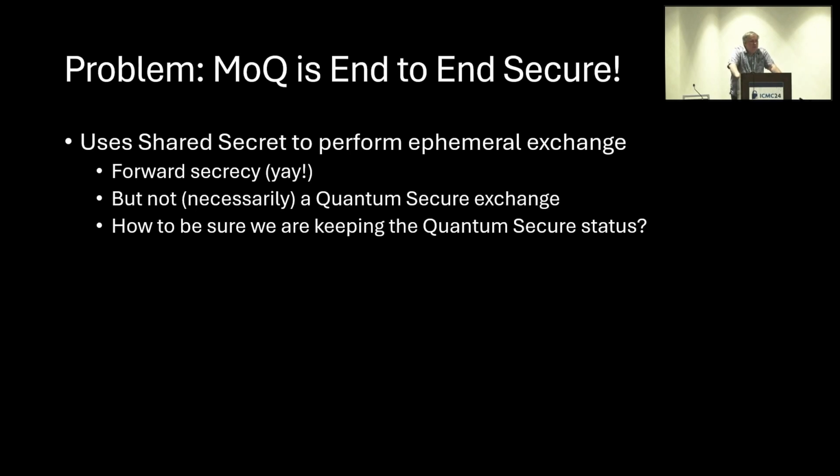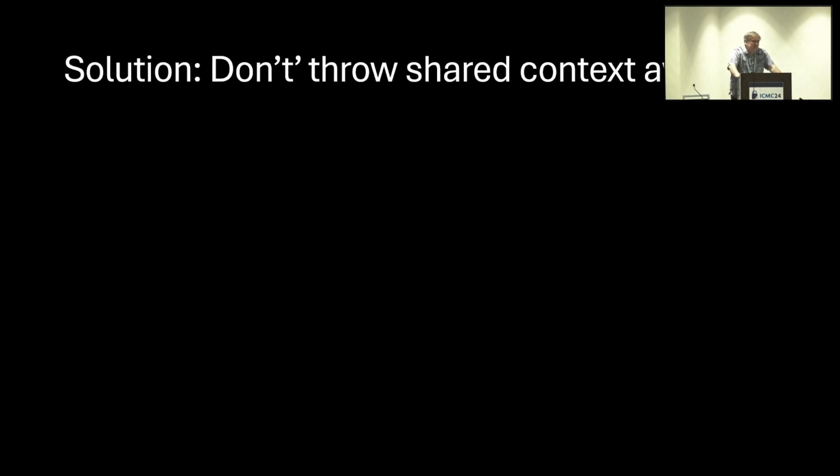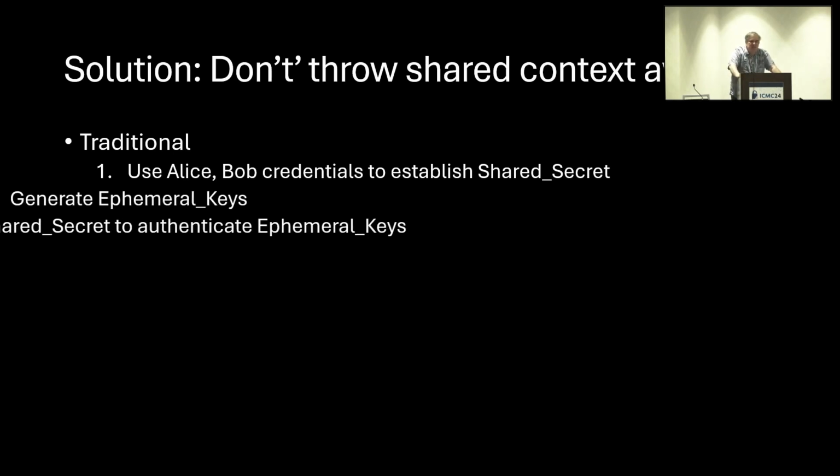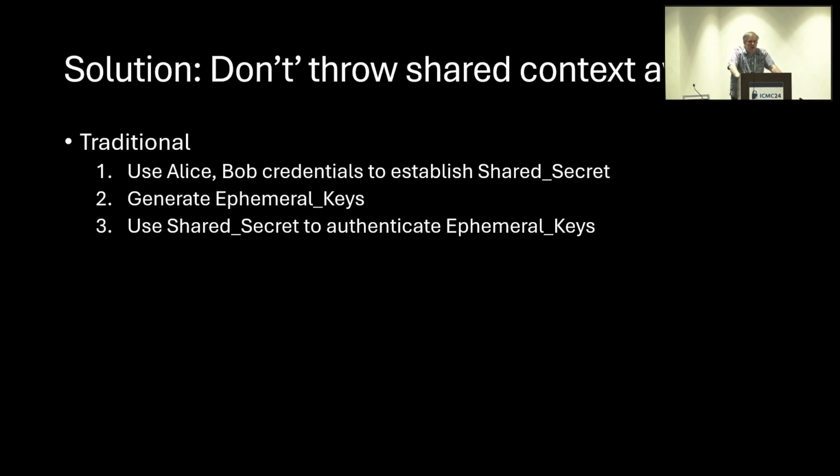Probably there shouldn't be a problem, but it's going to take me several weeks of code spelunking and spec spelunking before I've convinced myself of that. So one of the things I'd like to propose is that we don't throw shared context away. Traditionally, the thing that allowed those firewalls to be broken was that they did a key exchange. Alice and Bob had their credentials, they established a shared secret, and then they generated a bunch of ephemerals and used just the ephemeral to generate the shared secret used on the session.